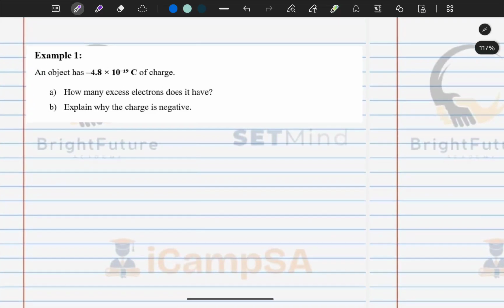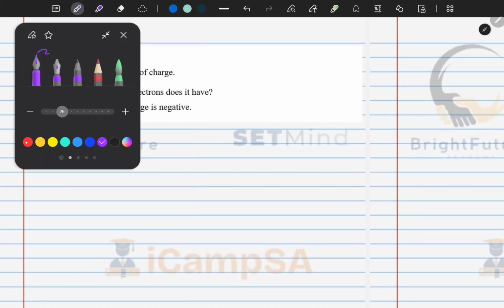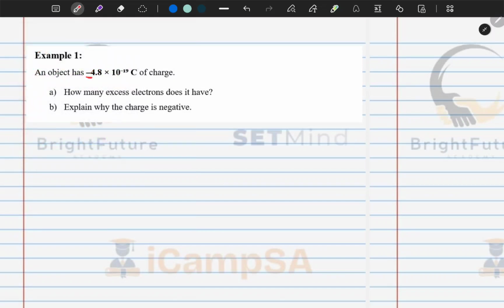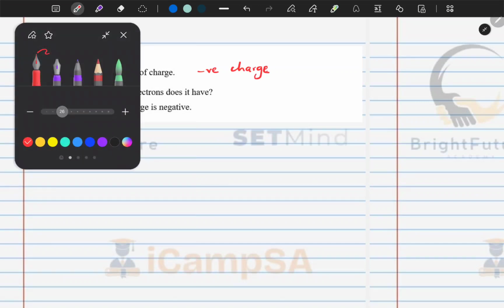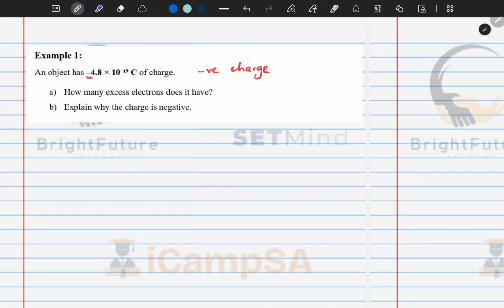In this question, you are given an object that has minus 4.8 times 10 to the power minus 19 coulombs of charge. One thing you'll notice is that this is a negative charge. That's one thing you must note, as obvious as that sounds, but it's a very important observation, especially for questions like this.